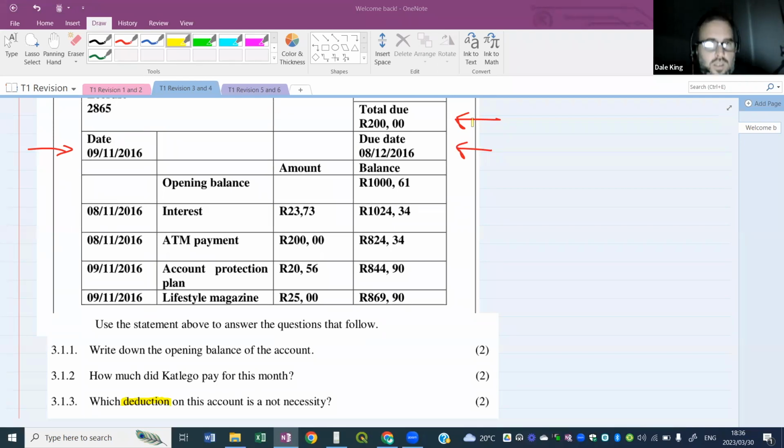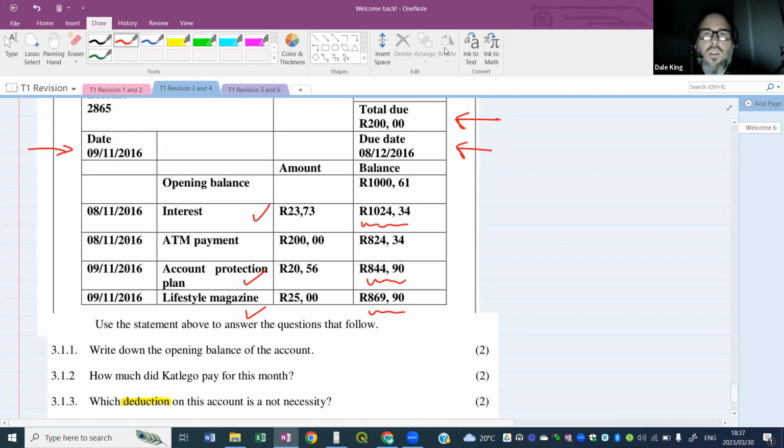Okay, so these deductions here are the ones that are increasing what you owe. So we'll show deductions here. So interest, account protection plan, and the lifestyle magazine. All these things are increasing this value, making it bigger. So those are all deductions. They're coming out of your accounts, all right, and they're making what you owe bigger here.